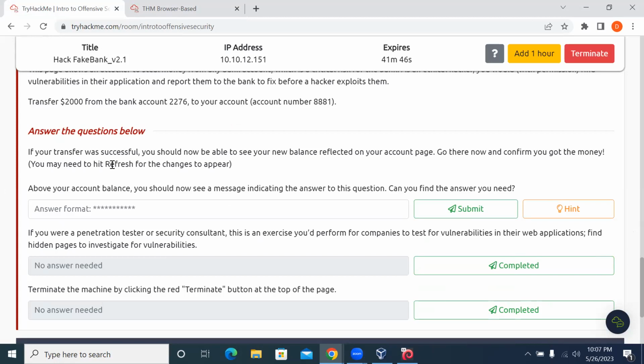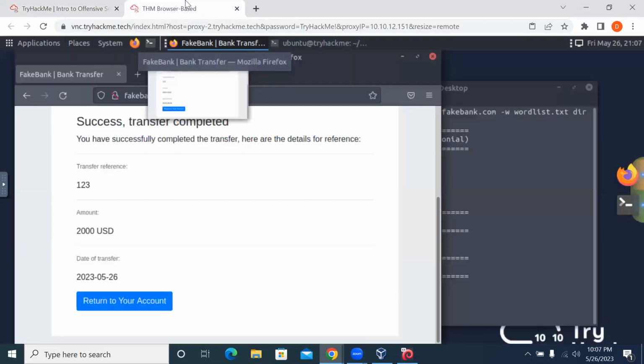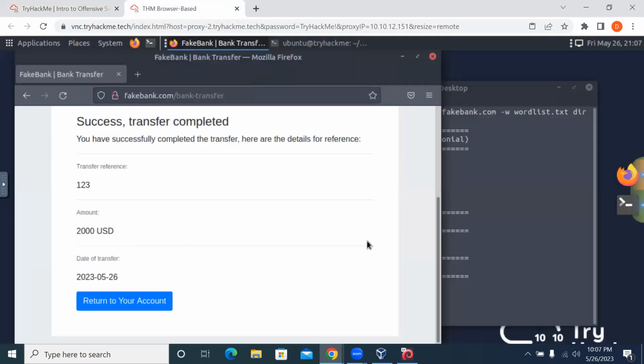Go there now and confirm you got the money. You may need to hit refresh for the changes to appear. Above your account balance, you should now see a message indicating the answer to this question. Can you find the answer you need? Okay, we have successfully done that.